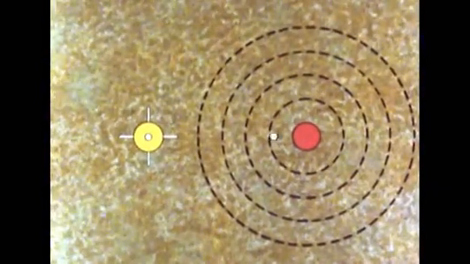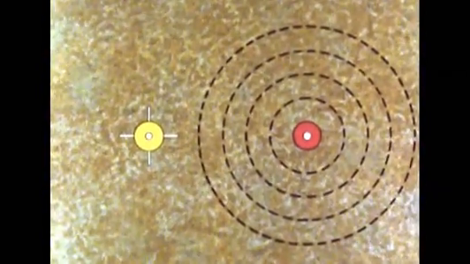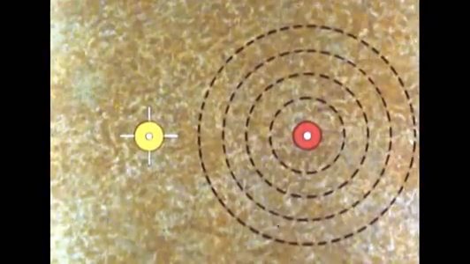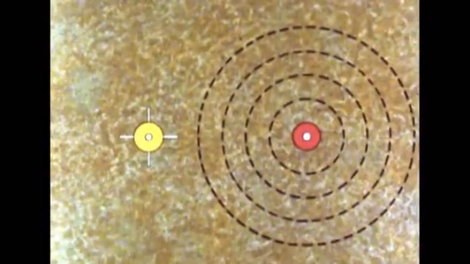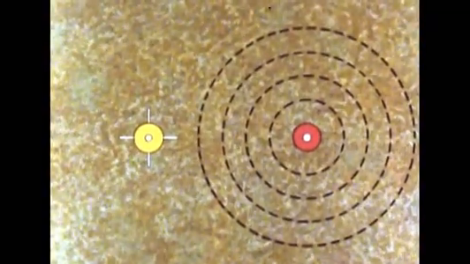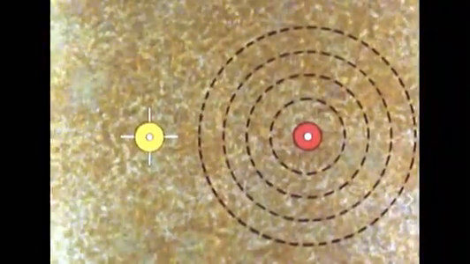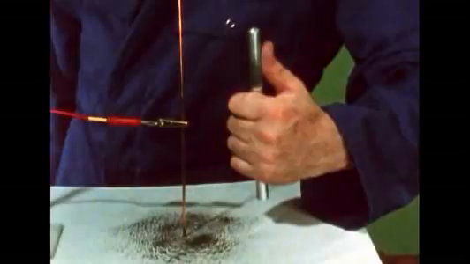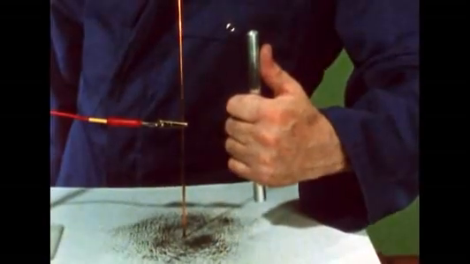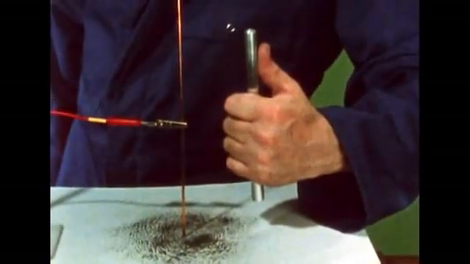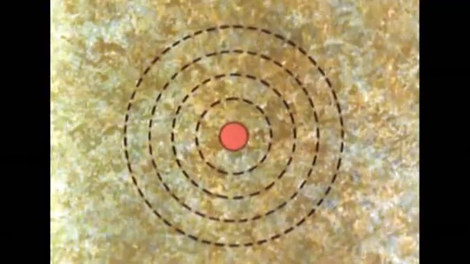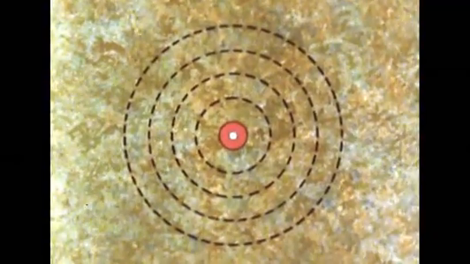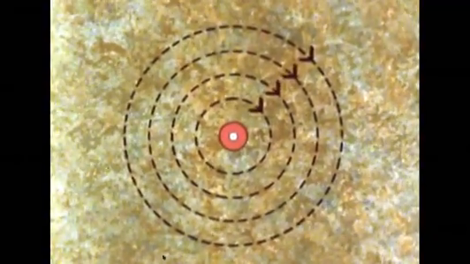So we use a dot to show electron current coming toward us out of the paper. These symbols are called dart notation. Using dart notation and the left-hand rule, we can draw the field around this wire showing the direction of both field and current. Current coming toward and field clockwise.